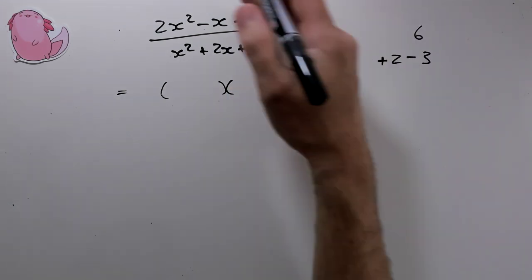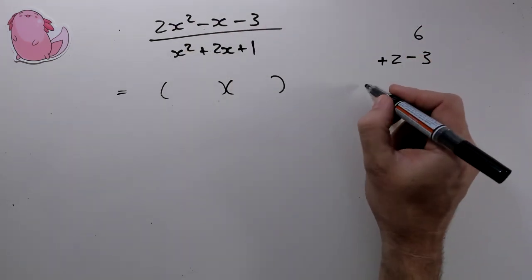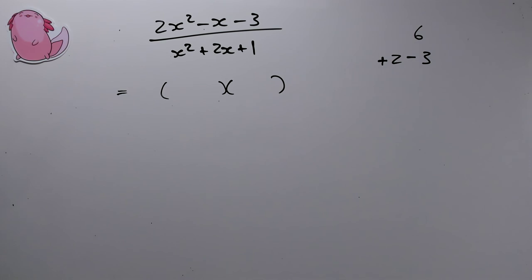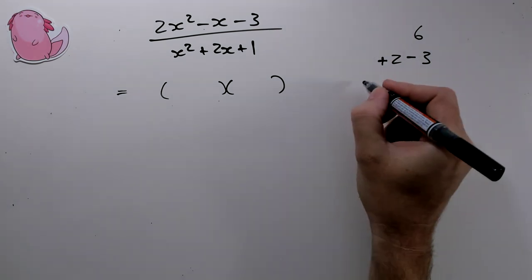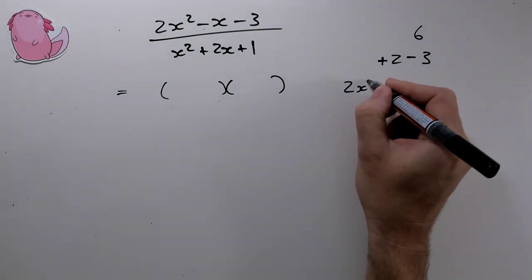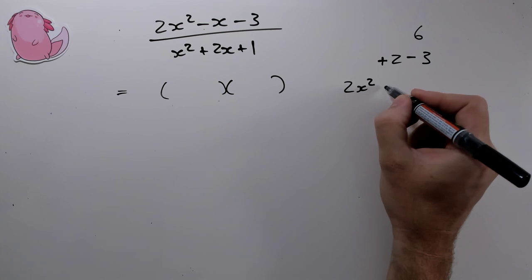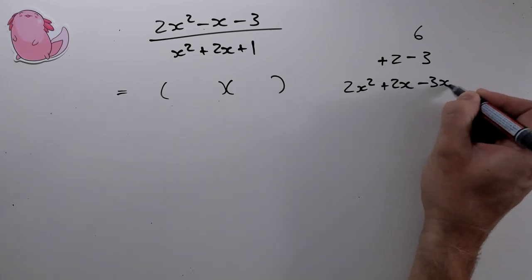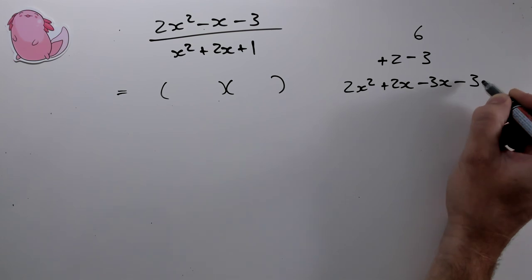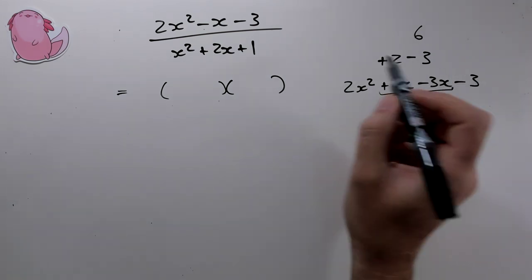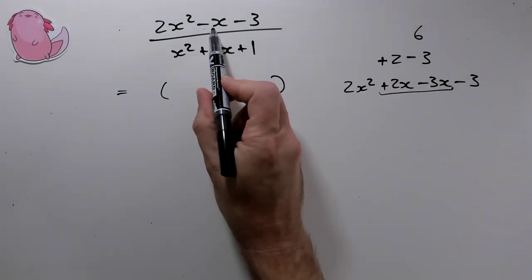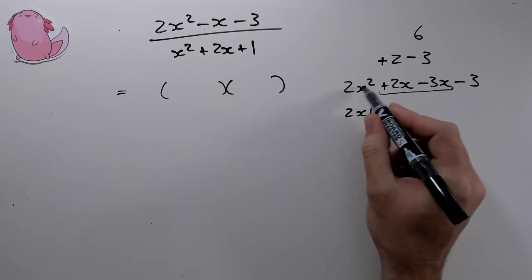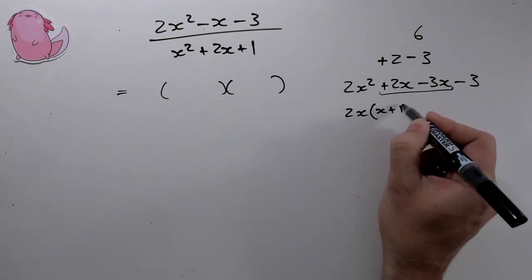So I'm just doing this on the side here to make my life a little bit easier. Just want to check if I have space. Yep, I would have. So the 2x squared, I'm going to do plus 2x minus 3x minus 3, because these two things will have to give me that negative x, which it does. And then I can factor out a 2x here, and I'm left with x plus 1.